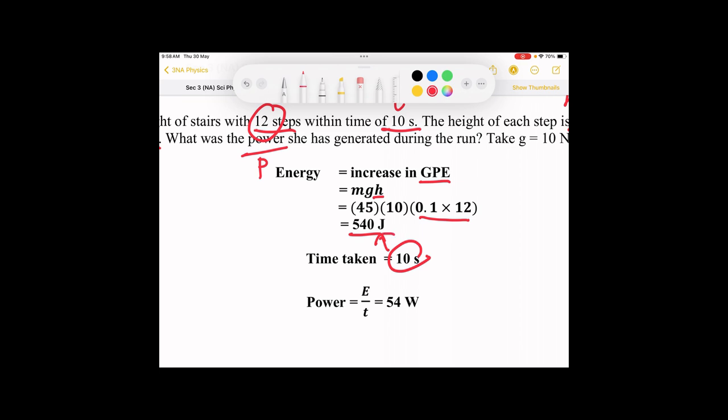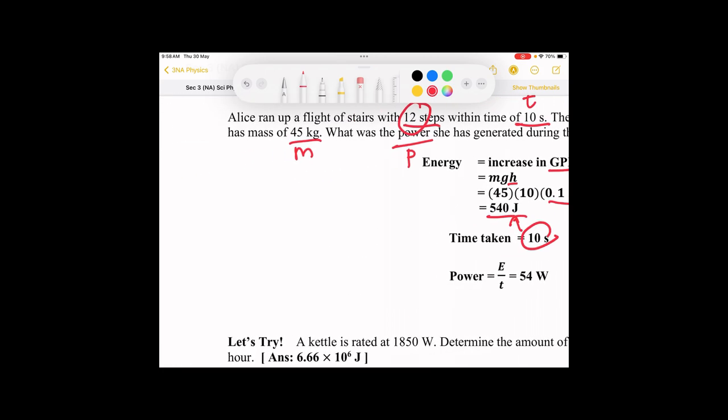Of course, this energy comes from the food that she consumes, so this is considered as energy transfer from chemical potential store to GPE. Right, so we can write down by the side. This is from chemical potential store to gravitational potential store.